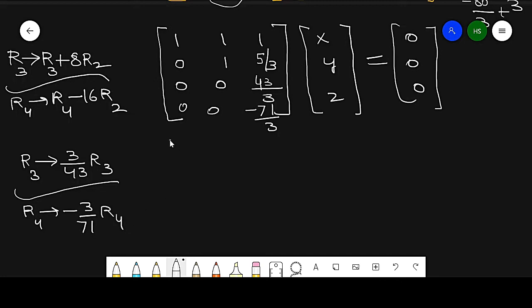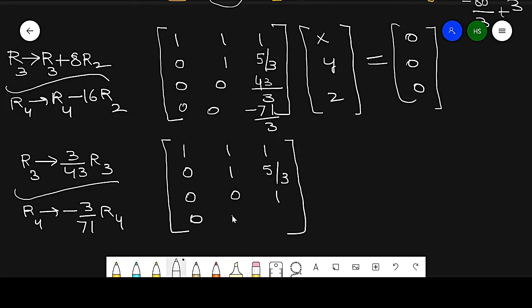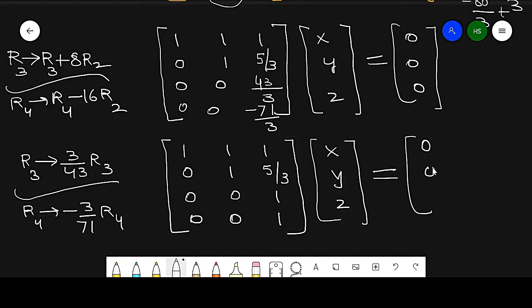So this will become 1 1 1, 0 1 5 by 3, 0 0 1, and 0 0 1, into x y z, equal to 0 0 and 0.